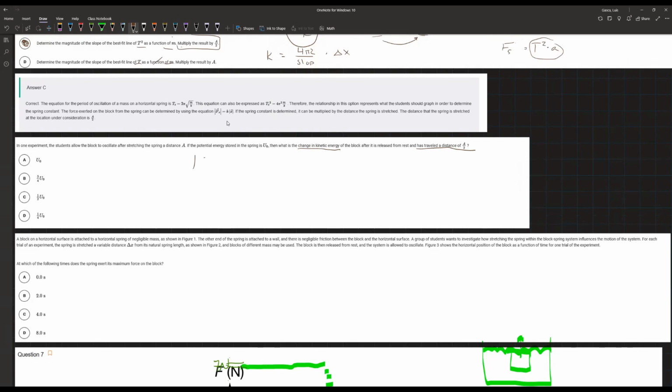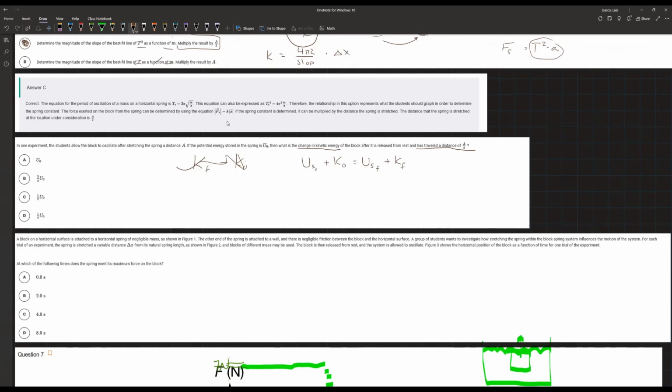So that's going to be the final kinetic energy minus the original kinetic energy. Now we have to be careful. If we do energy conservation, we can set all of the energy before, the original spring potential energy plus the original kinetic energy, equal to the final spring potential energy and the final kinetic energy.